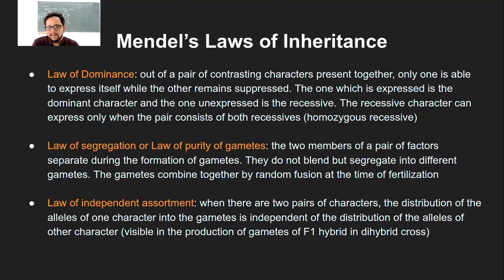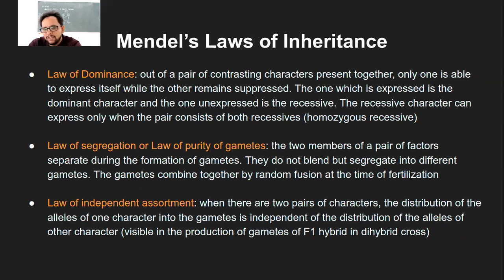Or let's say there is a genotype of capital R, small r. One of the gametes will have capital R, and the other gamete will have small r, and that is the separation during the gamete formation process. So the two members of a pair of alleles separate during gamete formation, and they do not blend but segregate into different gametes. They do not come closer from the same individual, because even in the case of sperm, though there is X and Y, they don't fuse amongst themselves, right?